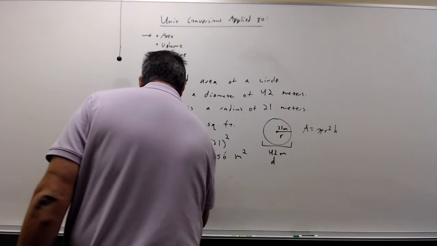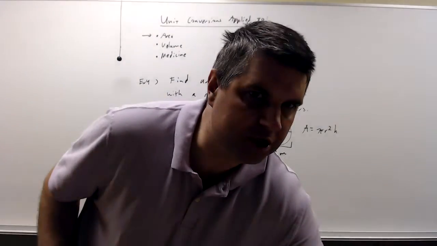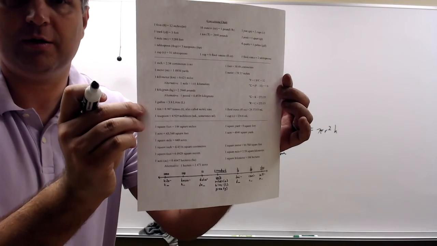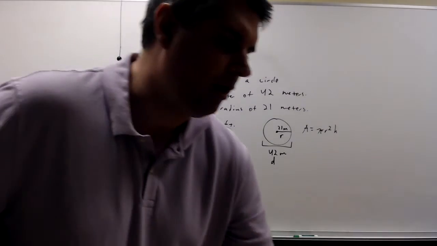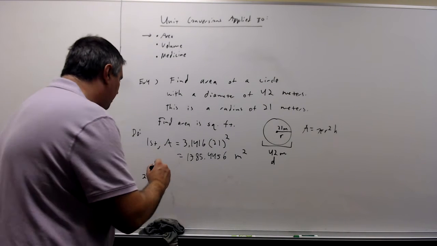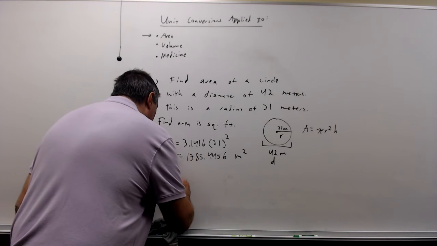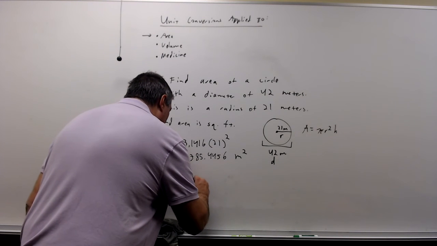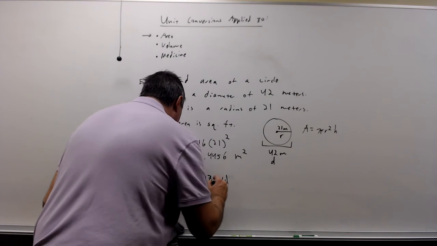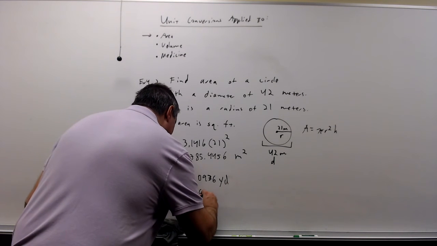Second, my chart does not give me a conversion directly from meters to feet. So what I propose to do is use the fact that 1 meter is approximately 1.0936 yards, and 1 yard equals 3 feet.